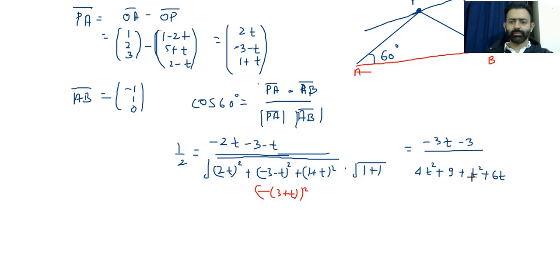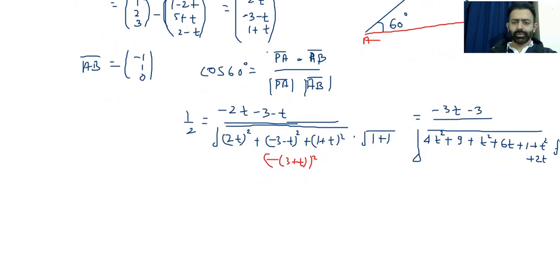And 1 plus t whole square is 1 plus t square plus 2t, under root, and into root 2. This is your LHS, which is half.